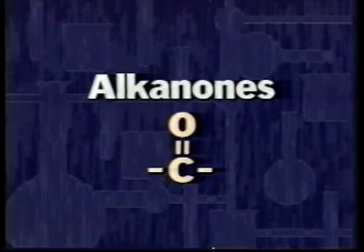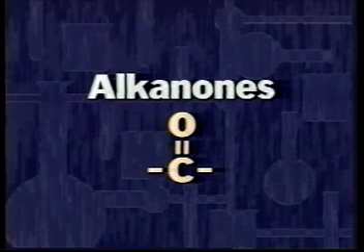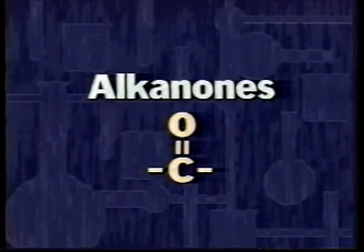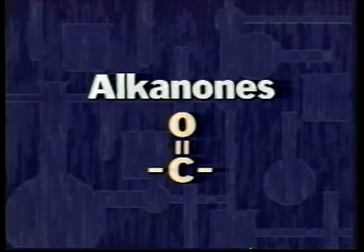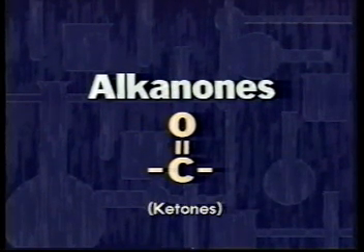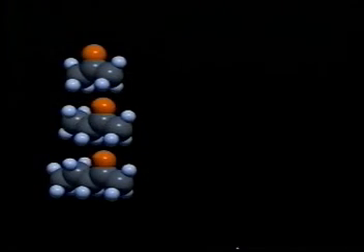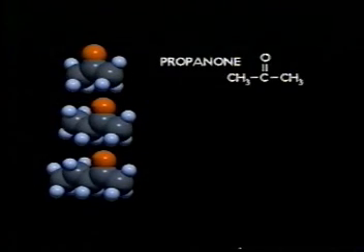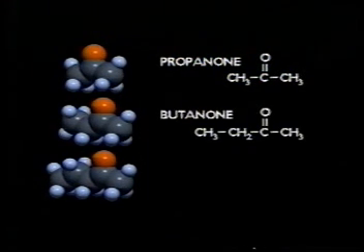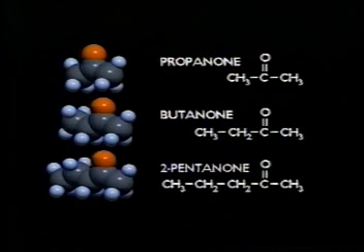If a carbon is double bonded to oxygen at a non-terminal carbon, the compound is an alkanone. We use the ending "-one" for this. They are also known as ketones. They start at propanone. There is no methanone or ethanone because you always need at least 3 carbons. Then butanone, pentanone, and so on.